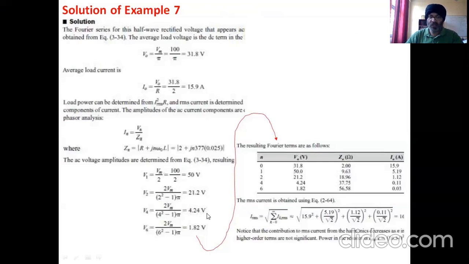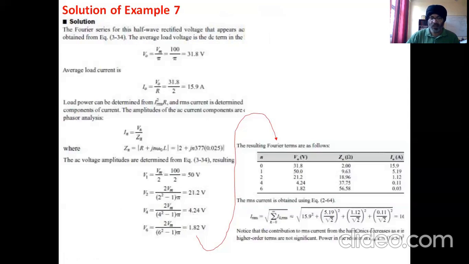The fourth harmonic has a smaller value, 4.24. And if we want to design a low cost power electronic circuit, we can cope with this fourth harmonic. And the sixth harmonic is very small, 1.82 volts, compared to the 50 volts of DC component at the output.